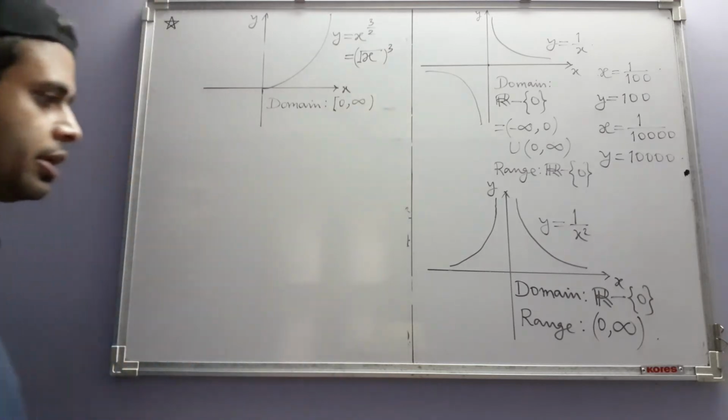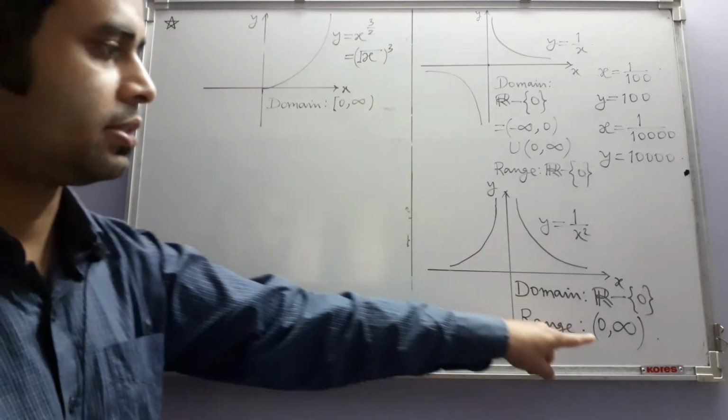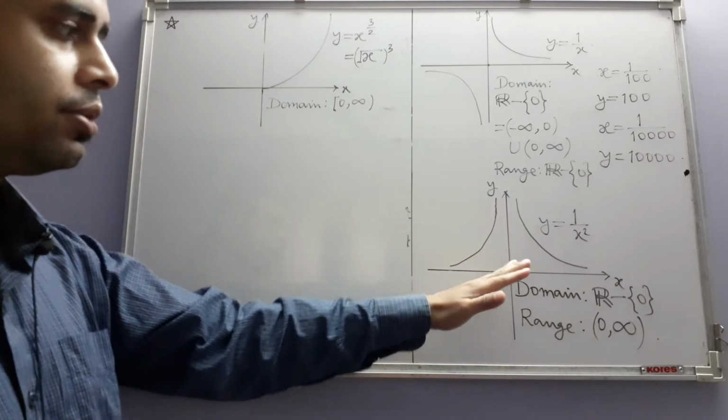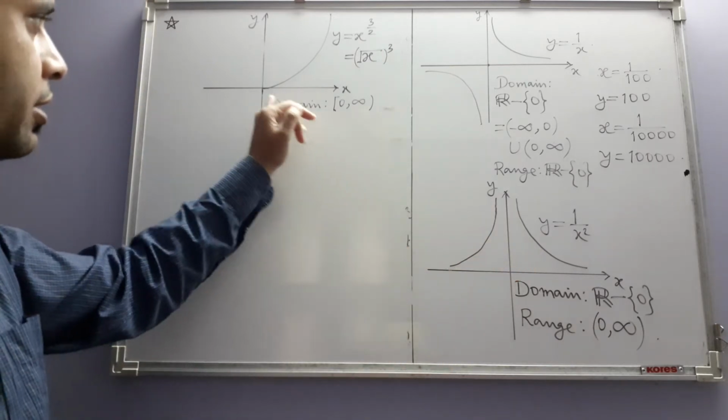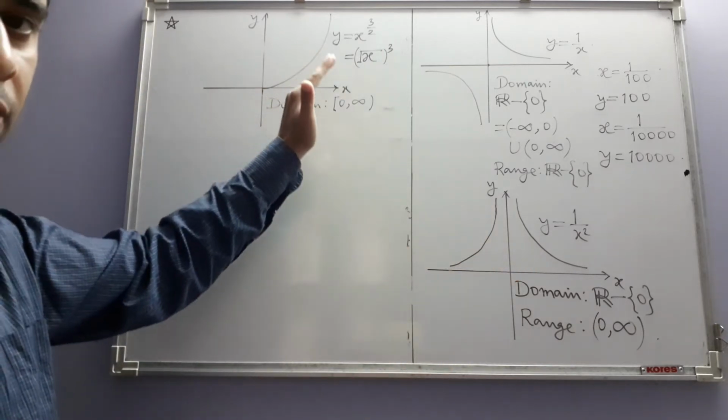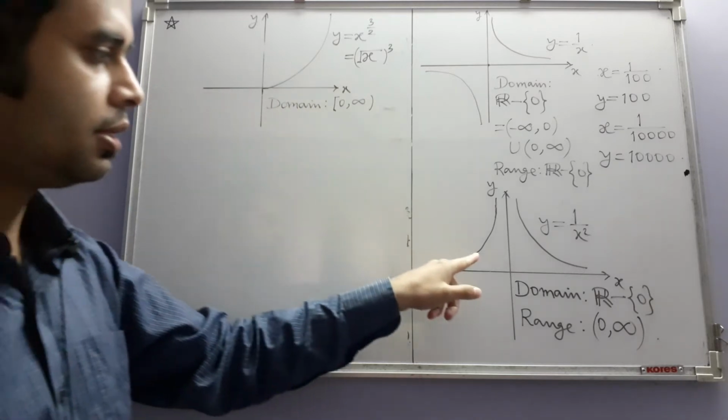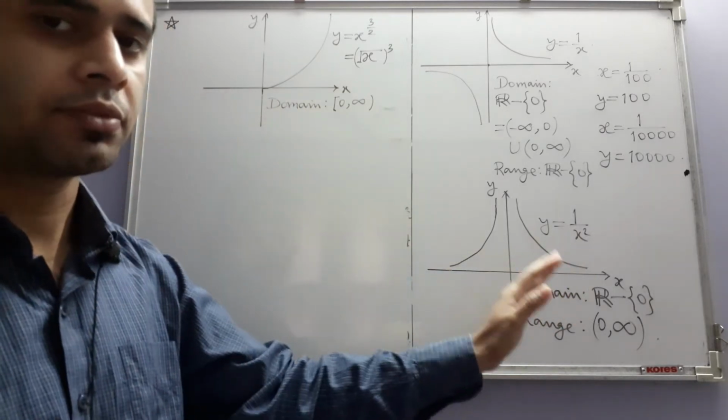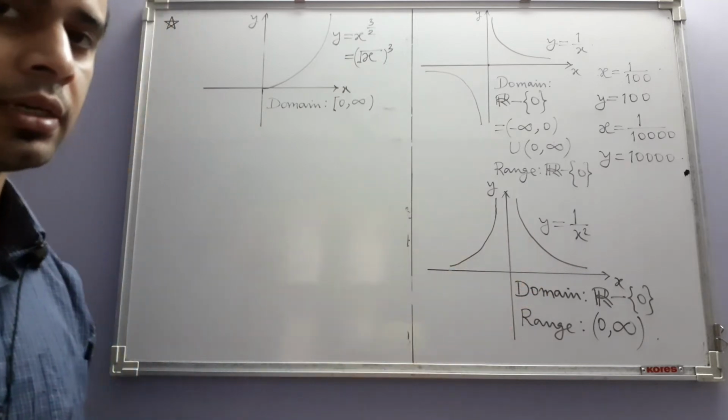is the set of non-negative real numbers. See the difference between this and this. Here 0 is not an output, but here 0 is an output. The graph actually touches the x-axis. Here the graph, or the two parts of the graph, don't touch the x-axis ever.